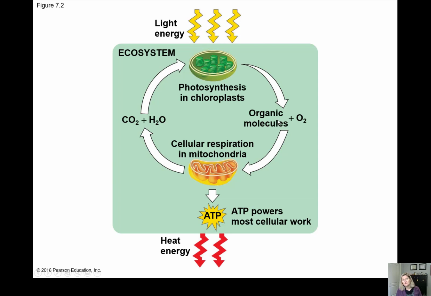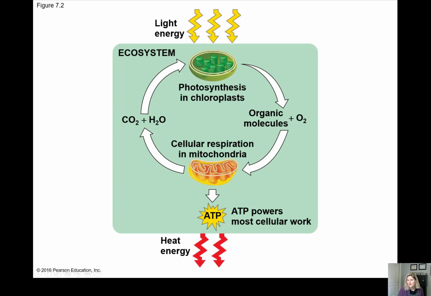So what do we need to do? We need to eat. So we eat those nutrients either directly by eating a plant or by eating an animal that ate the plant. And so now we have those organic molecules in a chemical form that can then be used in this reaction called cellular respiration in order for us to produce ATP, or cellular energy. So that goal for both plants and animals is to create cellular energy so that we can do work.